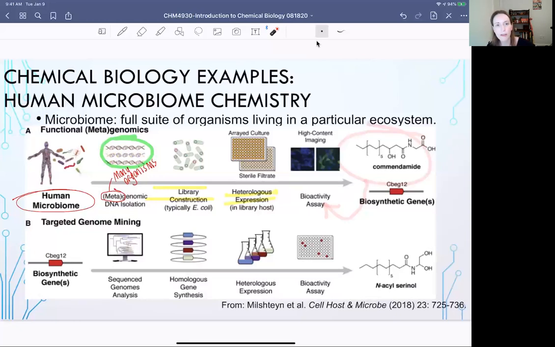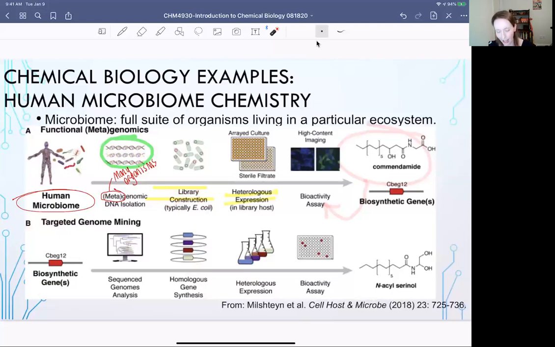What then happens in one way of going about exploring this is that to understand the function of those organisms at the genetic and chemical level, what scientists will do is they will take and create a so-called library of the metagenomic DNA.